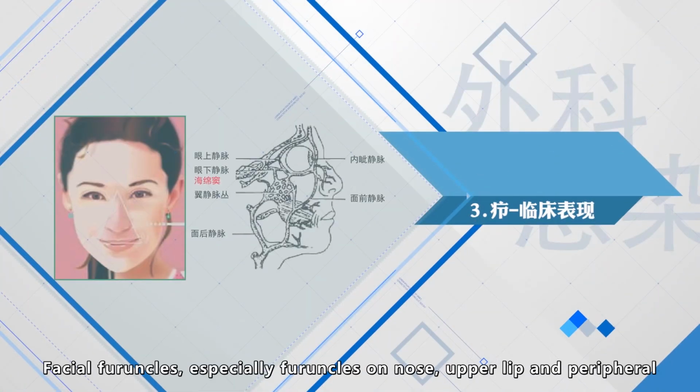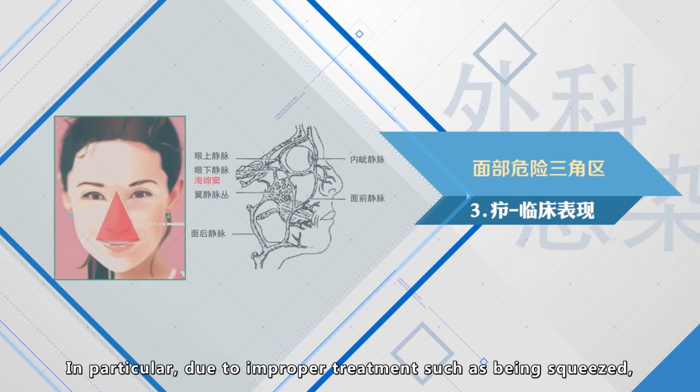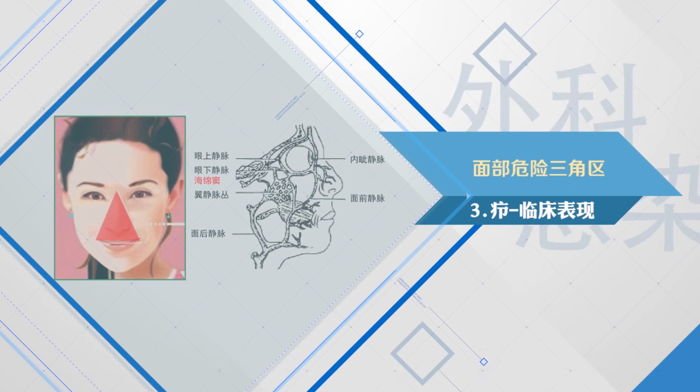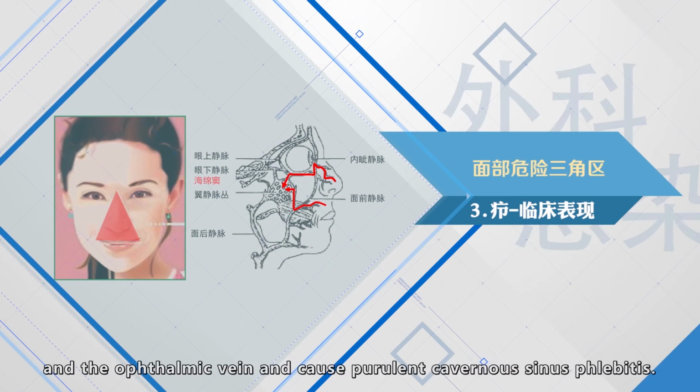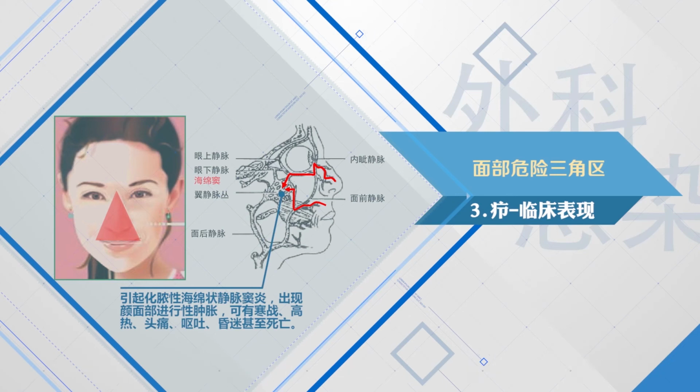Facial furuncles, especially furuncles on the nose, upper lip, and periphery, the so-called dangerous triangle, in particular due to improper treatment such as being squeezed, pathogens can enter the intracranial cavernous sinus along the angular vein and the ophthalmic vein and cause purulent cavernous sinus phlebitis.